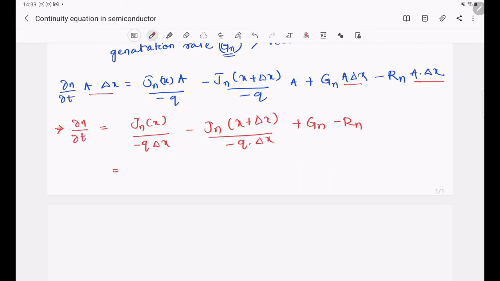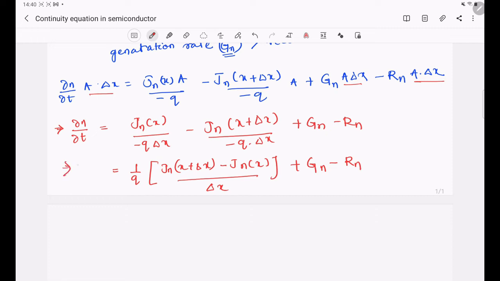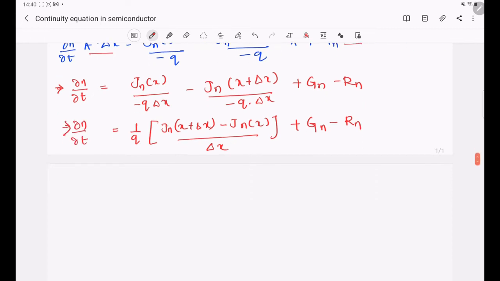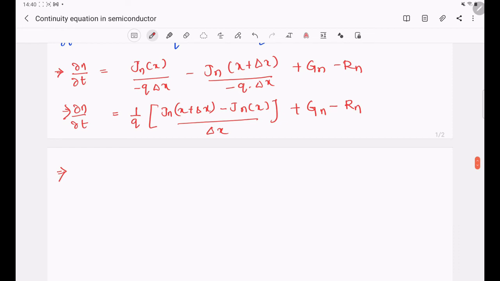Now, if I take this 1 by q term outside, what will happen will be Jn x plus del x minus Jn x divided by del x plus Gn minus Rn. So this will be your del n by delta t. Now, as we are finding the increase in number of electrons with respect to time, for this current density term we can add one other parameter, time.